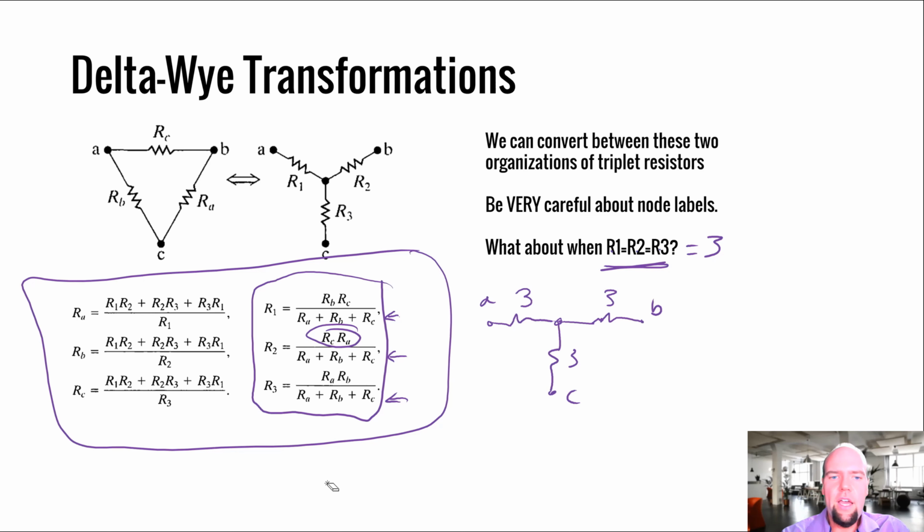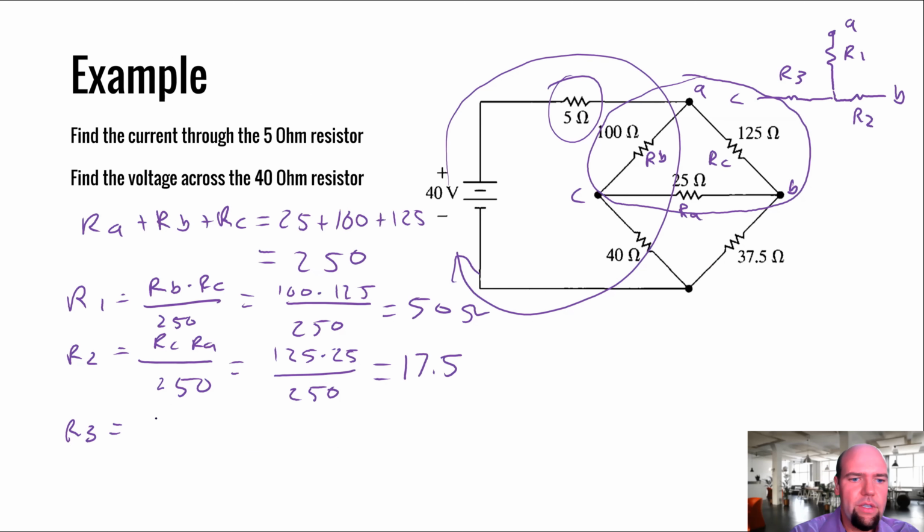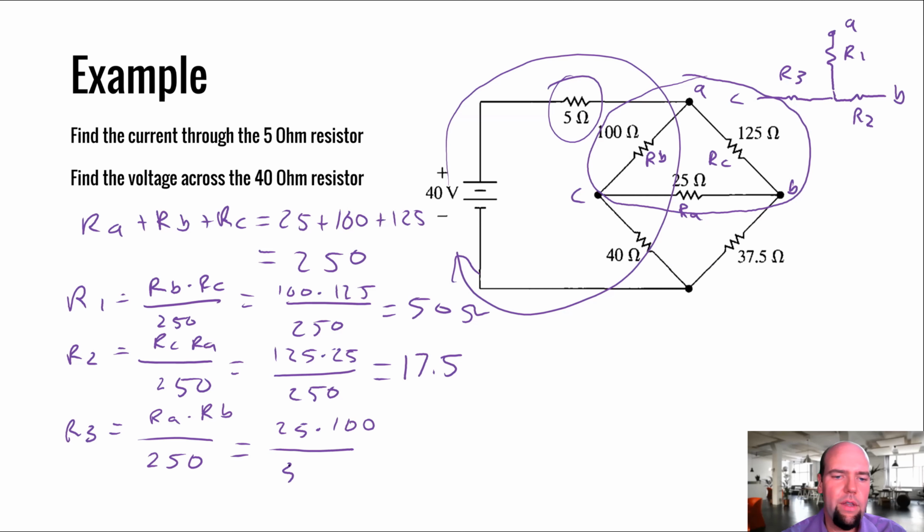Okay, so now we're left with RA times RB. So this is RA times RB divided by 250. RA is 25, RB is 100, divided by 250.